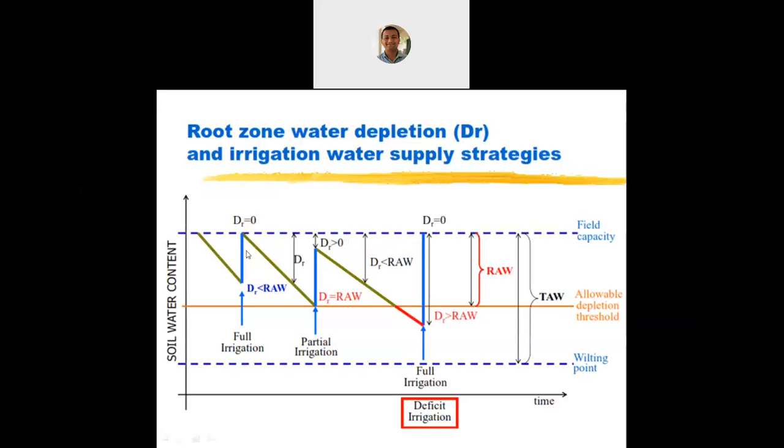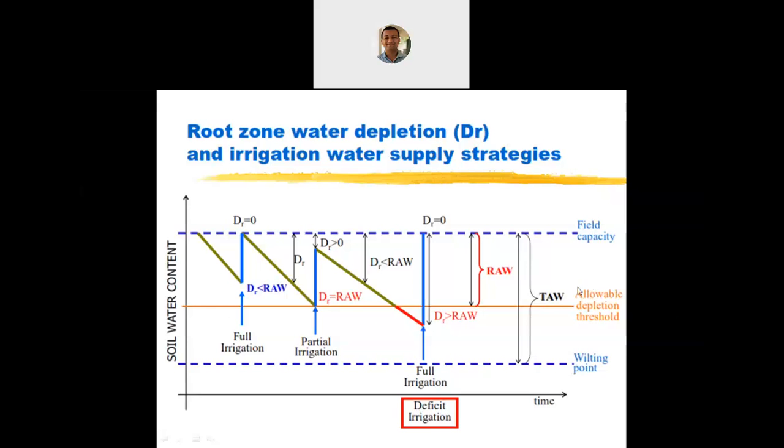If we see it diagrammatically, this picture represents the root zone water depletion and the irrigation water supply strategies. Here, this entire range is the soil water content. The top dotted line is the field capacity, the bottom dotted line is the wilting point, and somewhere between is the middle point. This part is the readily available water, while from this point to this point it is the total available water.